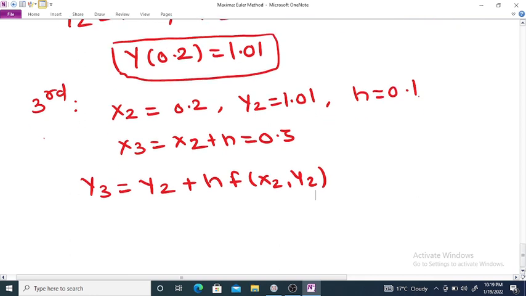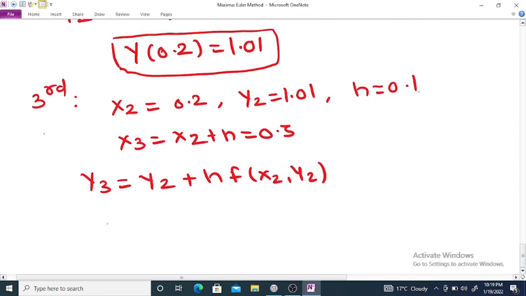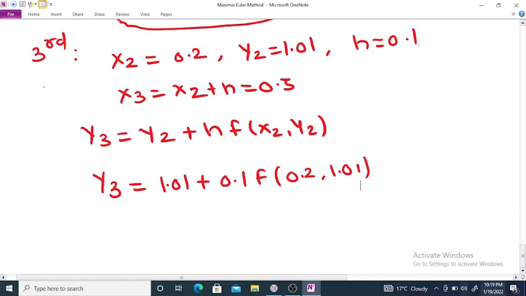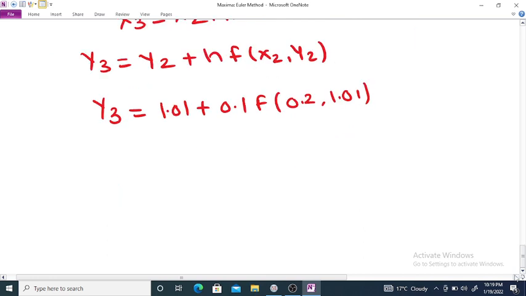So y3 is equal to y2 is 1.01 plus h is 0.1 and f of x2 is 0.2 and y2 is equal to 1.01, and therefore if we simplify this, y3 is equal to 1.01 plus 0.1 into 0.2 into 1.01.